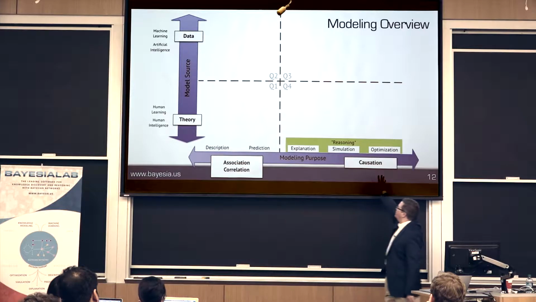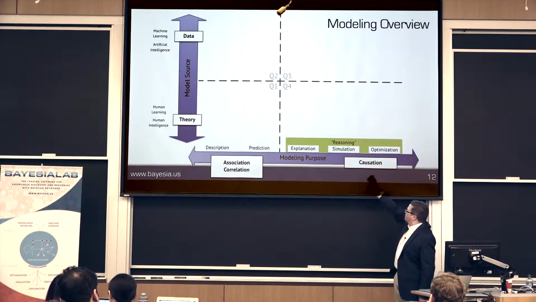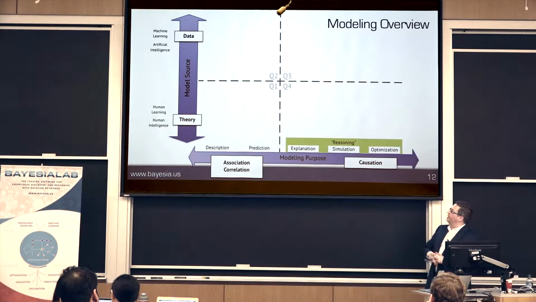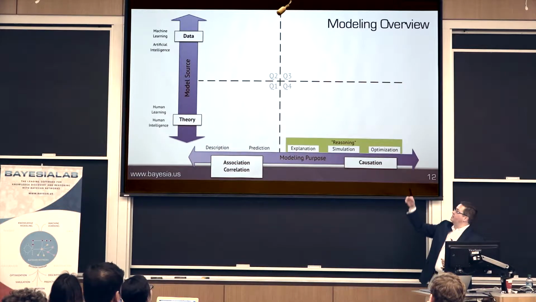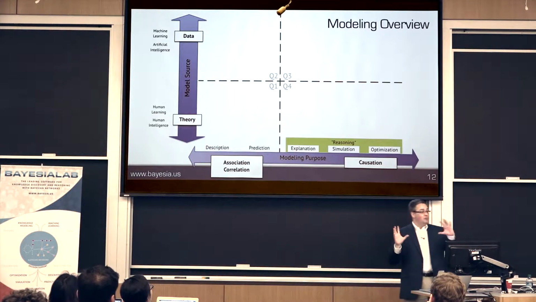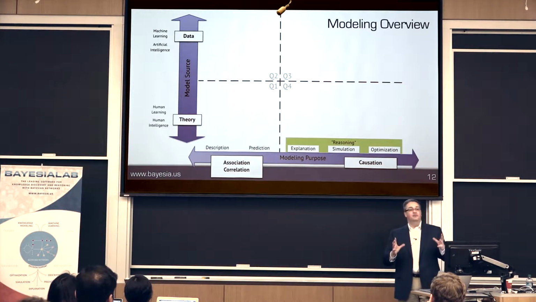As we go to the right, we look into causation, which relates to explanation, simulation, optimization, generally things that we could relate to reasoning. On the y-axis, at the bottom we have theory as a source for the model, and at the top we have data. So with that, we really have 4 quadrants that can delineate the field of modeling.